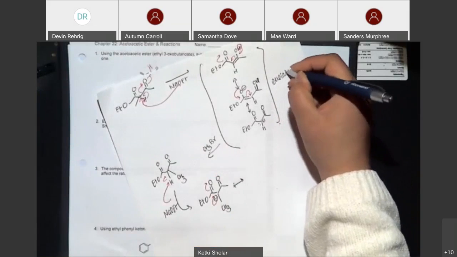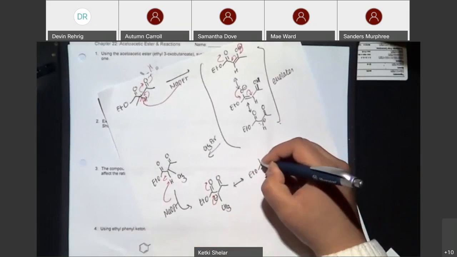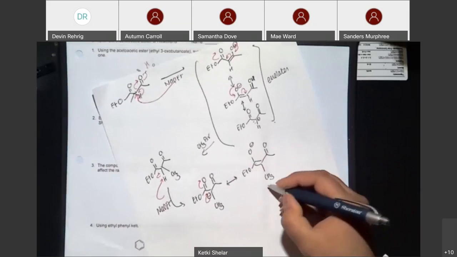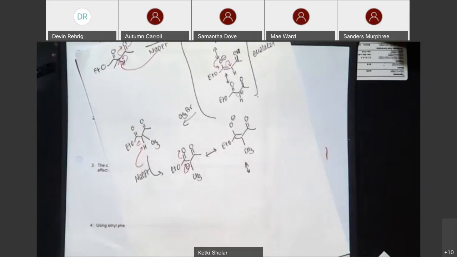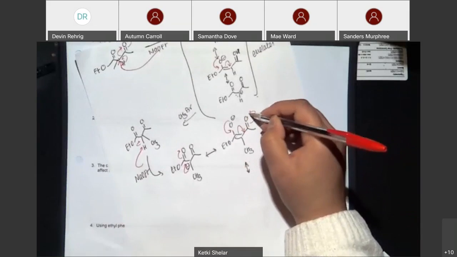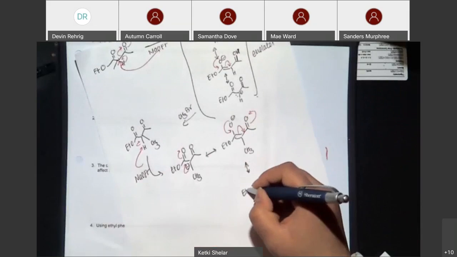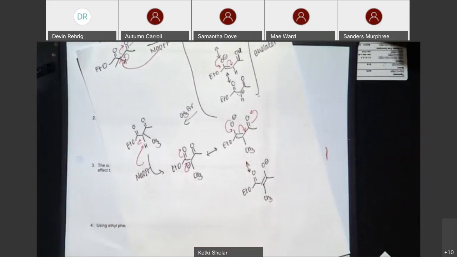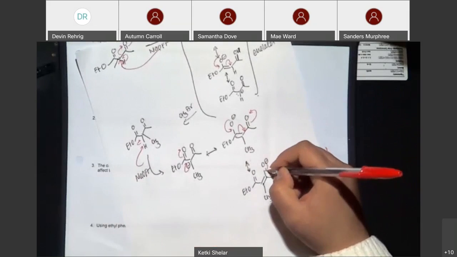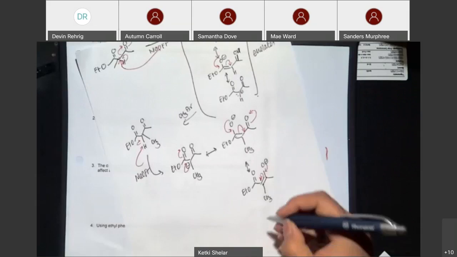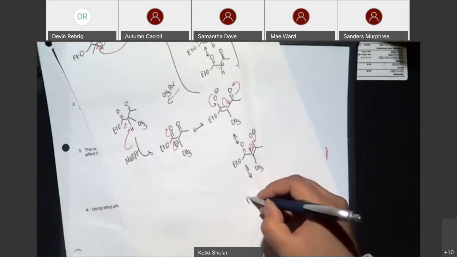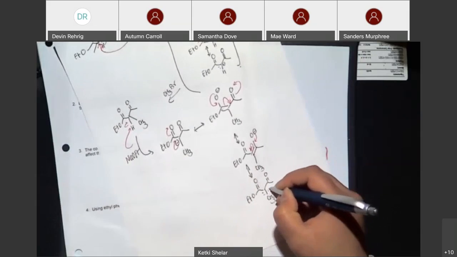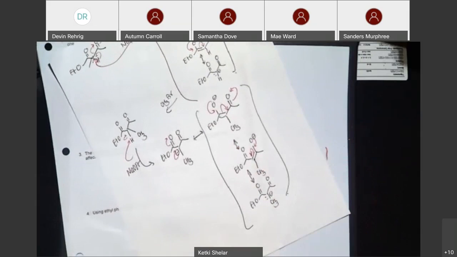These are all enolates. This is moving here, this is moving here, this is moving there. So these are all resonance structures.